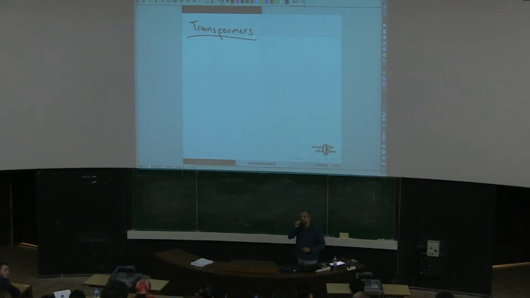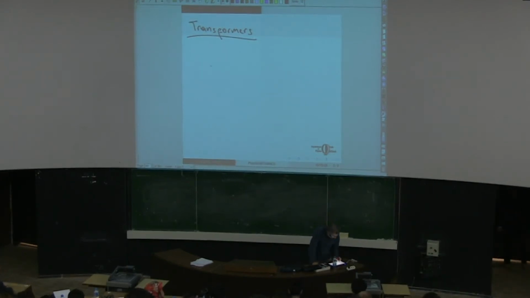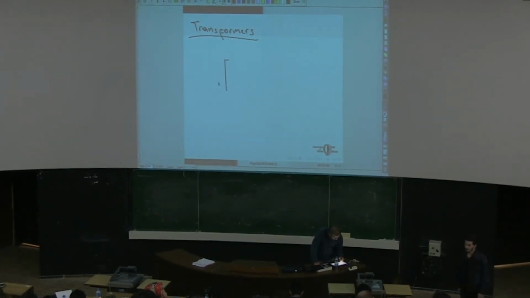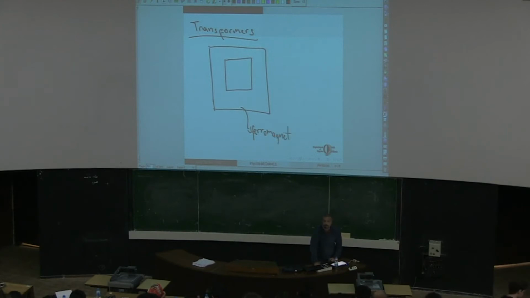Now, first let's discuss the transformers a bit, and then I have another interesting example for you. What we call a transformer is mainly two solenoids. This is a ferromagnetic material, and then we just wrap two solenoids around it, and then another one over here.